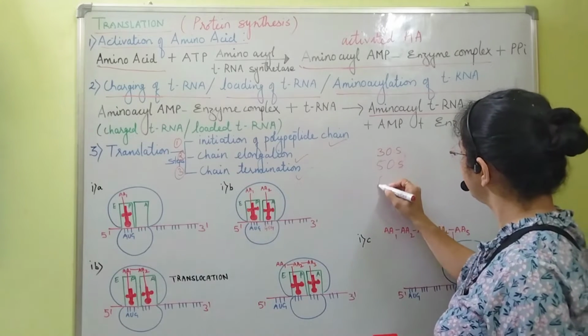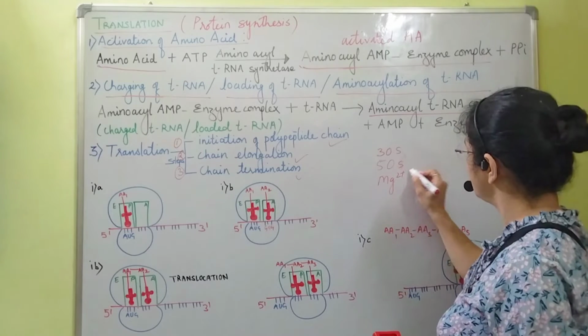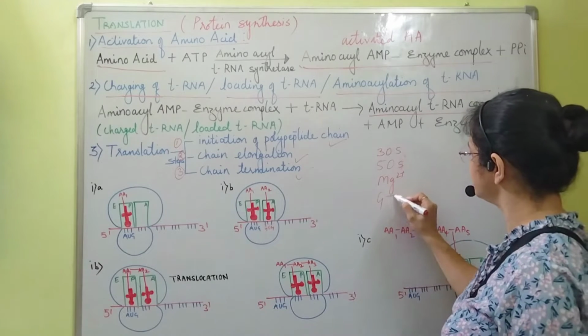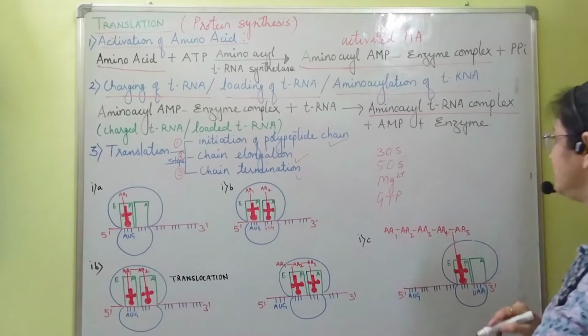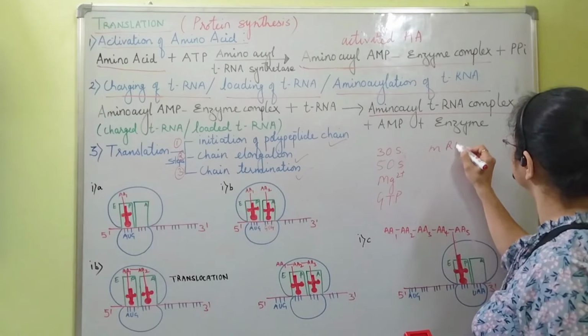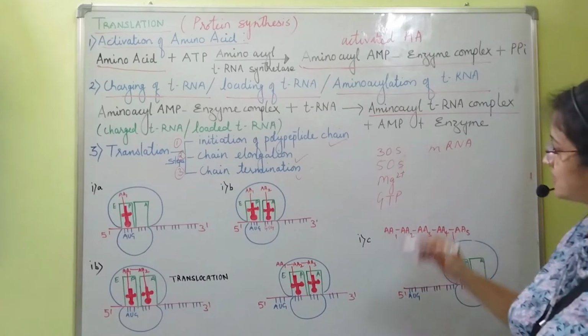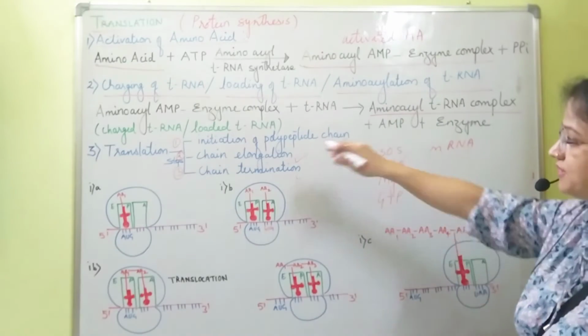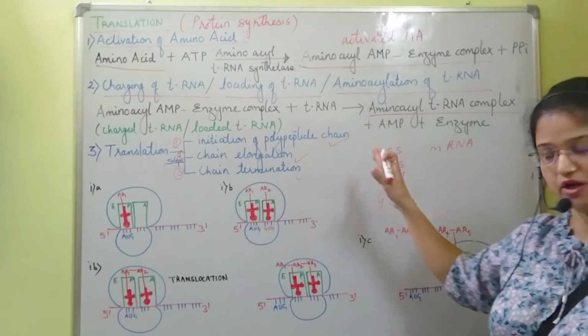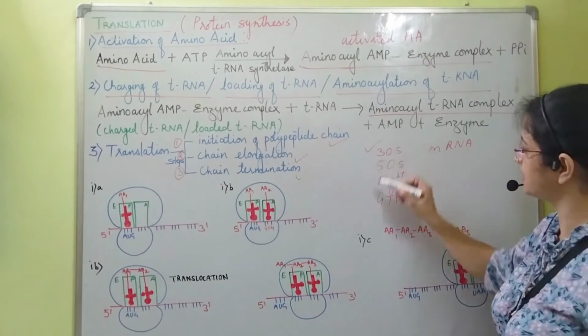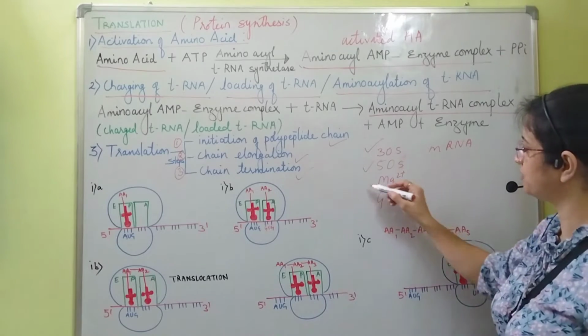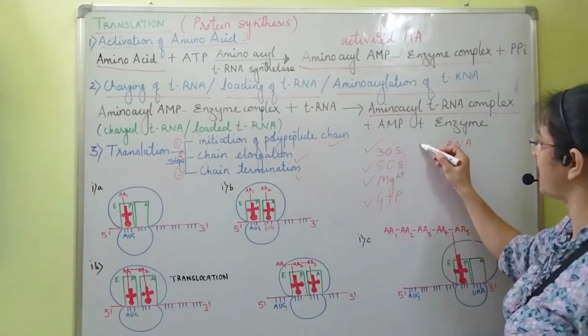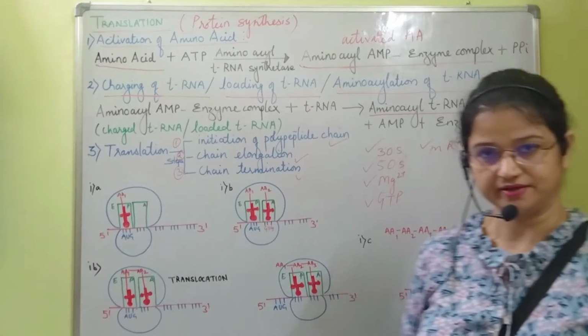We need magnesium ion. We need GTP. And we need messenger RNA. So these are the things required during initiation of polypeptide chain: 30S and 50S subunits, magnesium ion, GTP and messenger RNA.